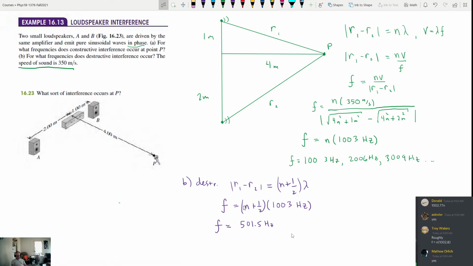And then we would do 3/2 of that, which would be 1504.5 hertz, and so on and so forth. You can figure out the rest of them.